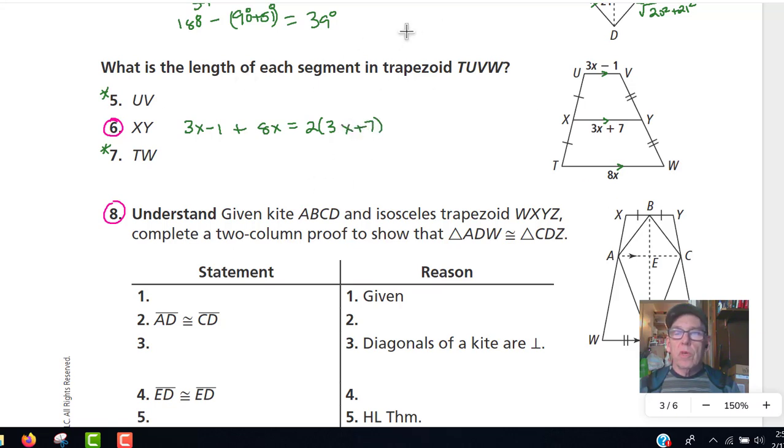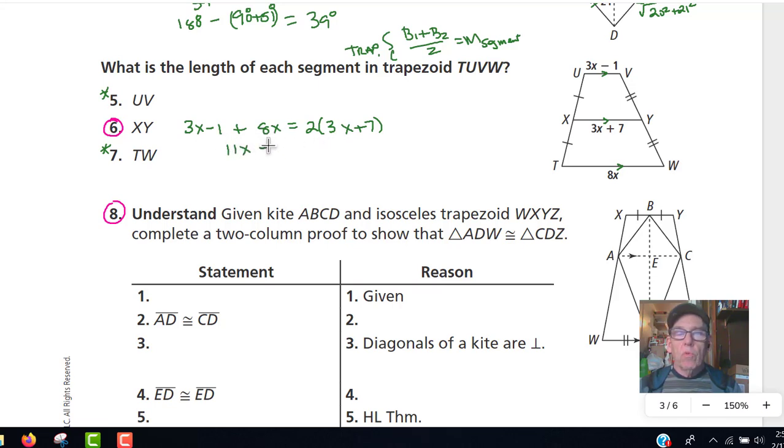So again, for this one, we got base 1 plus base 2 divided by 2 equals the mid-segment for a trapezoid. That's our formula.